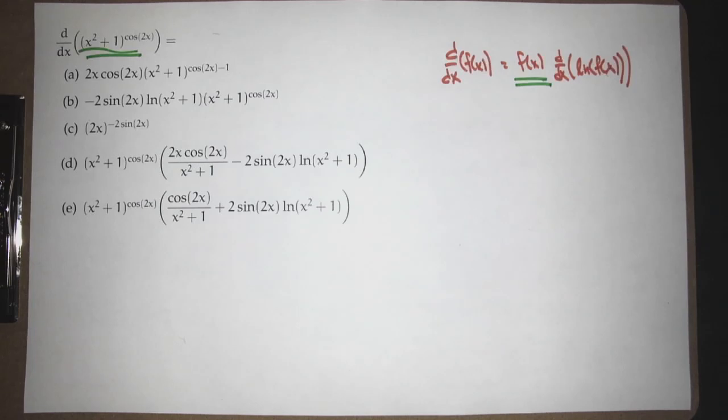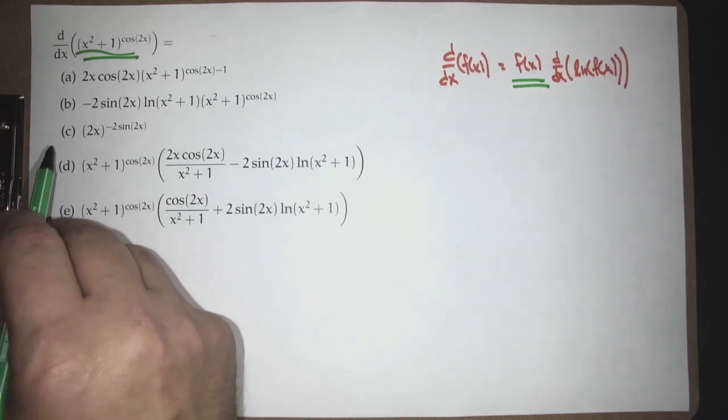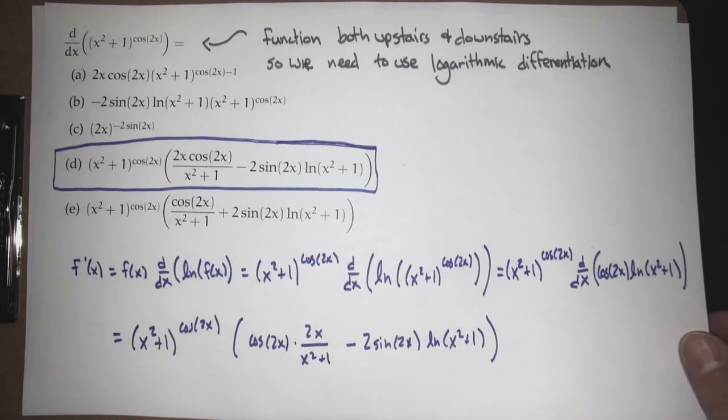Which options include what we started with? D and E. So you can toss out A, B, C. So now instead of a 1 and 5, you have a 1 and 2. Okay. Is it D or is it E? It is D.